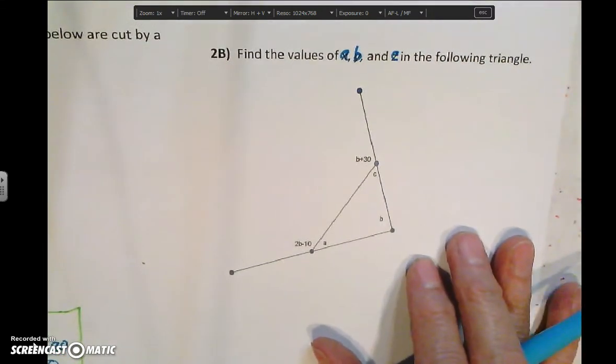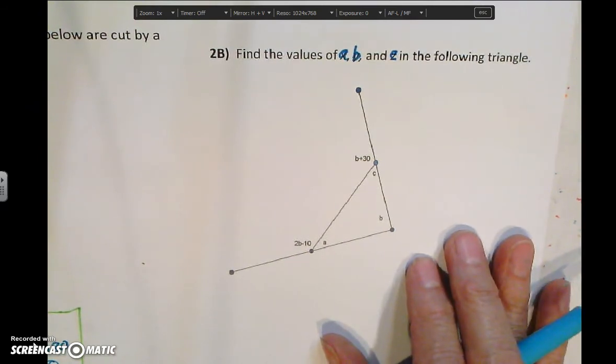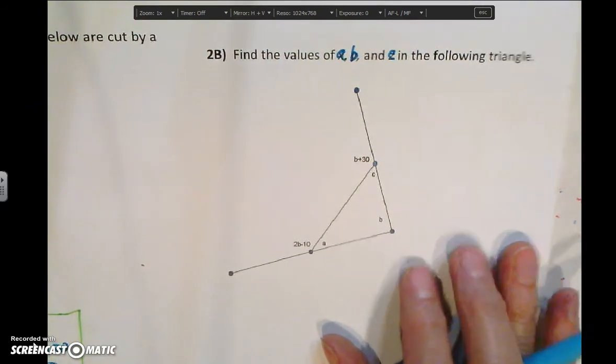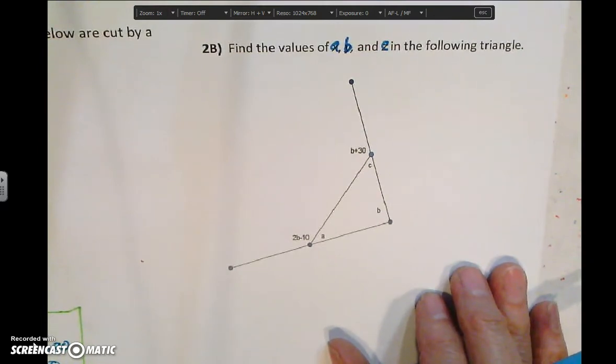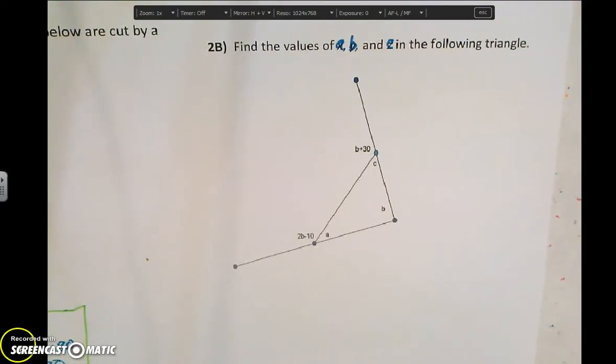But this time we got three variables, so there's going to need to be three equations that you're going to use to solve this. And again, keep in mind, I didn't do the calculator on this, but keep in mind you can use your calculator. So you definitely use your calculator on 2B, but you could have also used it on 2A as well.